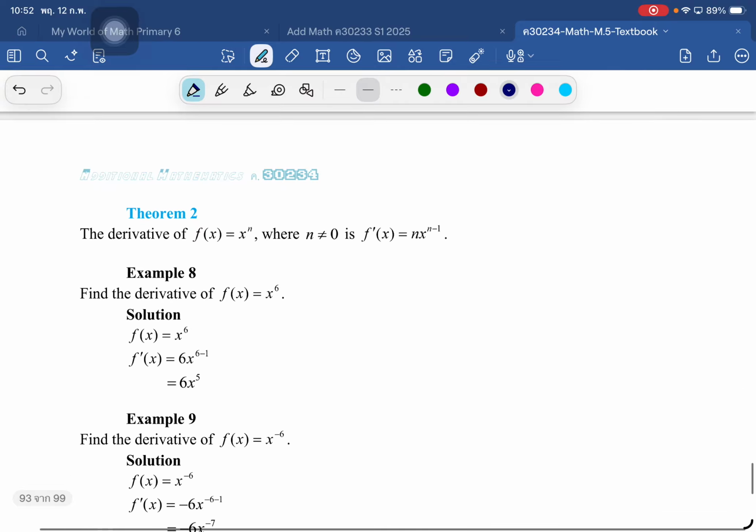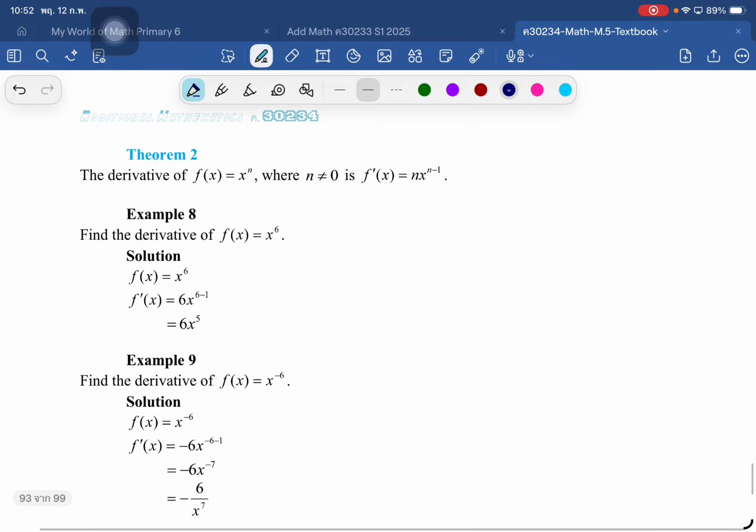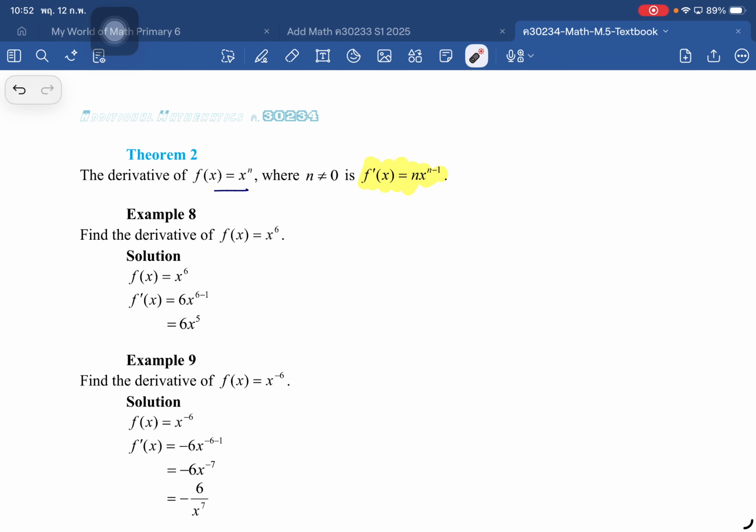Like this question, example 11: 3x to the power 3 plus 8. You differentiate 3x to the power 3 plus differentiate 8. Then you will have 9x to the power 2 plus 0. Finally, you get 9x to the power 2.